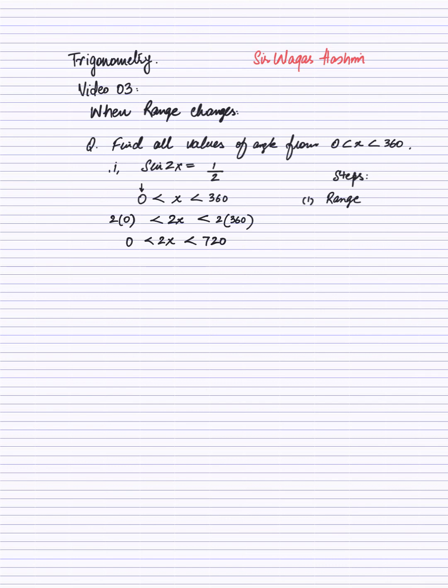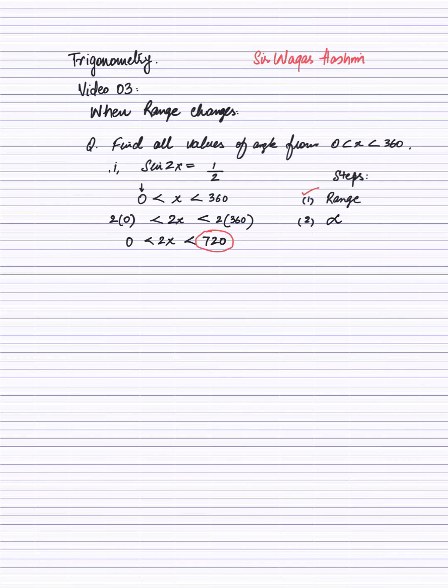Now this 720 is very important because it shows that there is a need to solve 2 complete revolutions in this question. And how we are going to solve it, you are going to find out in further steps. Now that is your first and the most important step, to highlight your range. Now for the next step, again you need to find the base angle, that is alpha.